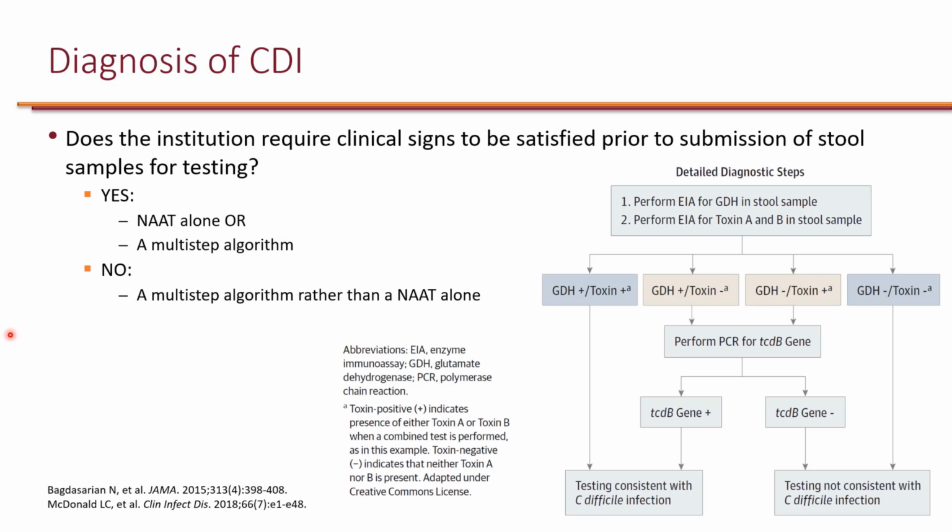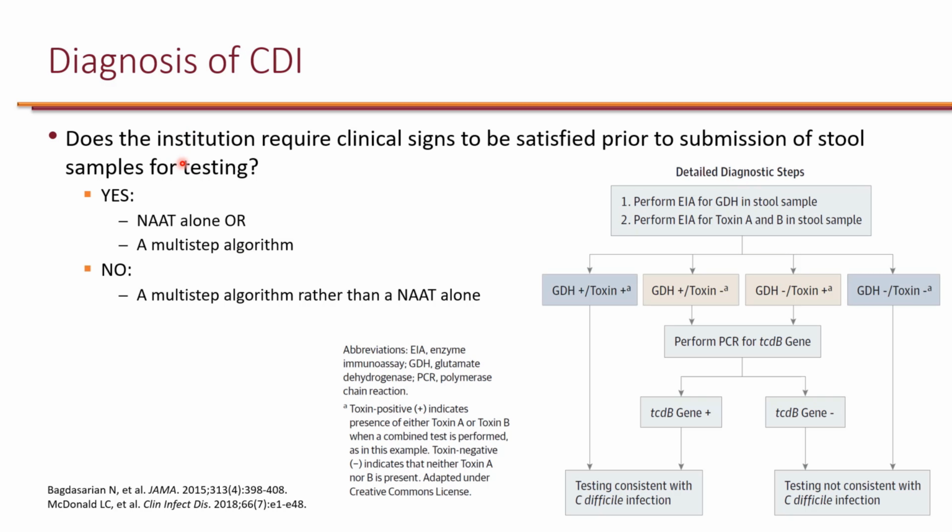Now, the IDSA guideline basically has two ways for diagnosis of C. diff infection. So for institutions that actually require clinical signs to be satisfied prior to submission of stool sample for testing, for those institutions, you can either do the nucleic acid amplification test alone, or you can use a multi-step algorithm.